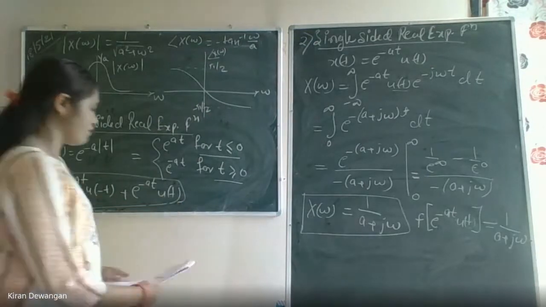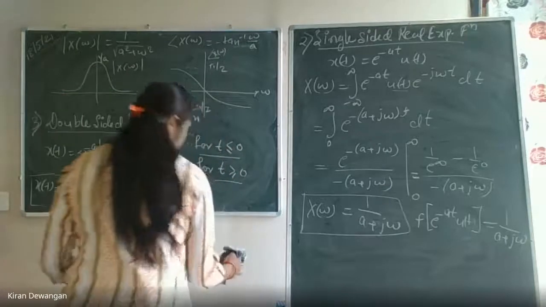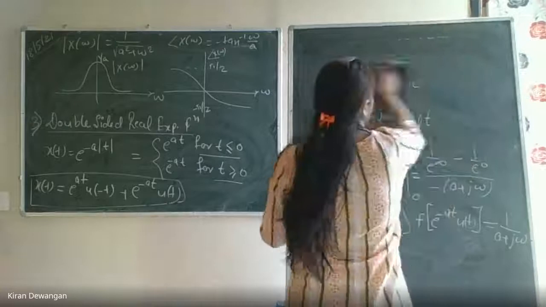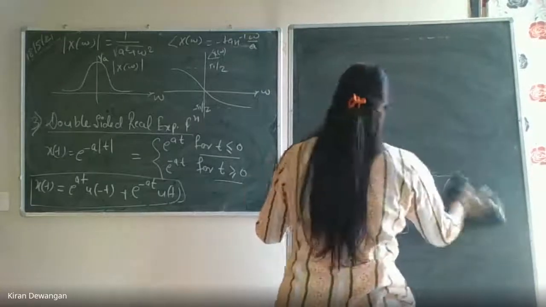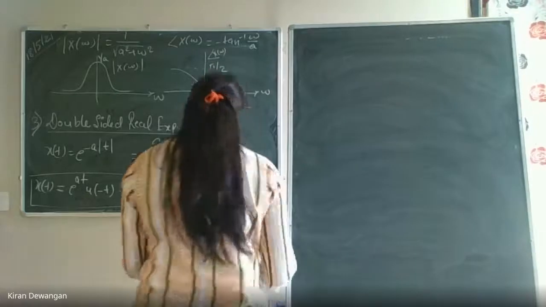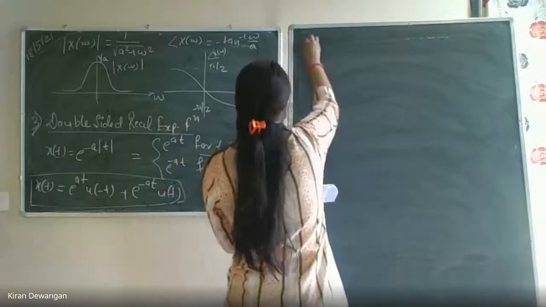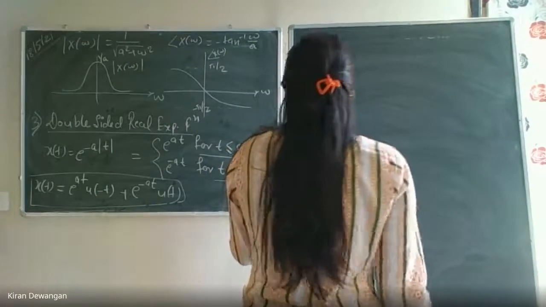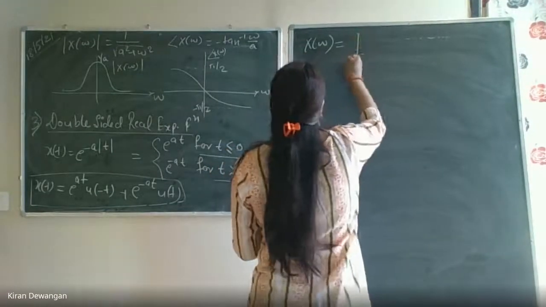Now after applying it in the formula of Fourier transform, find out the Fourier transform of the double-sided real exponential function. X of omega will be in two parts.